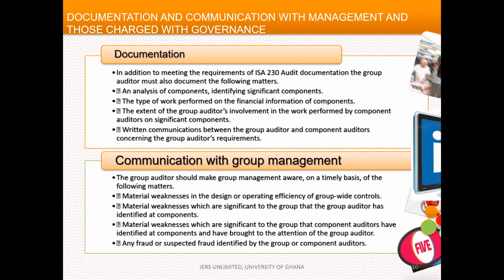The group auditor should make group management aware of these matters. These are high risk issues.